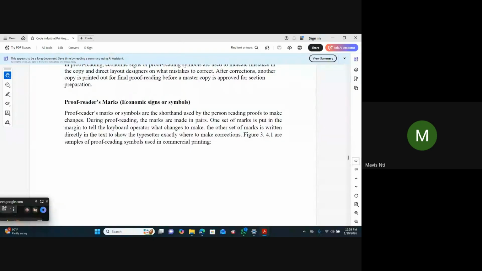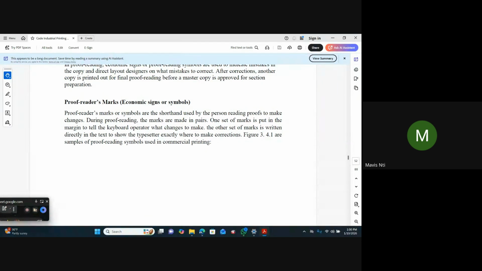Proofreaders' marks or symbols are the shorthand used by the person reading proofs to make changes. During proofreading, the marks are made in pairs. One set of marks is put in the margin to tell the keyboard operator what changes to make.